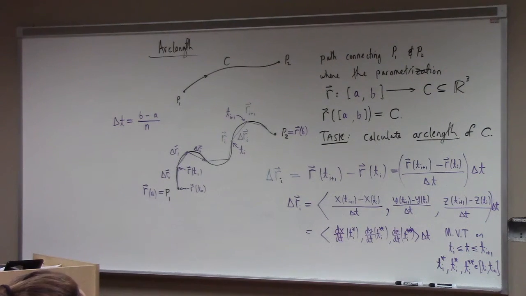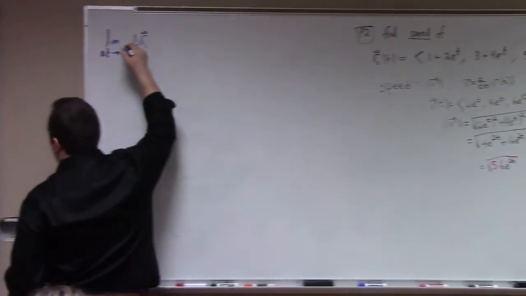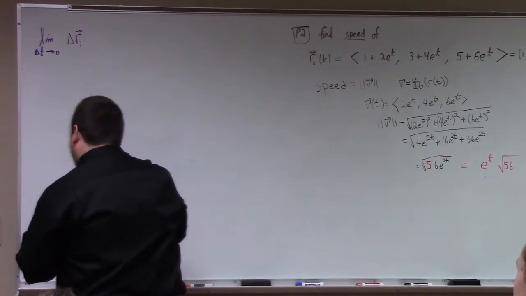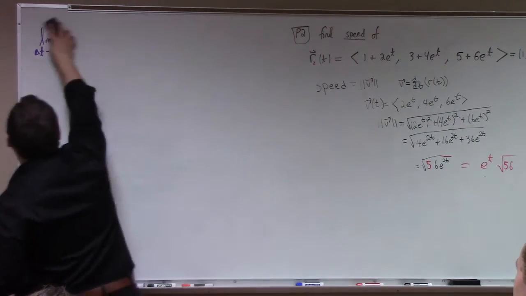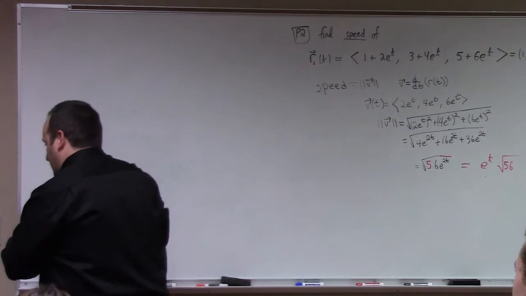We have that delta R_i is equal to, oh, well, maybe I should take the limit as delta t goes to 0, right? Still not what I want. I'm sorry, guys. I'm trying to avoid writing so much. I guess I just need to bite the bullet.